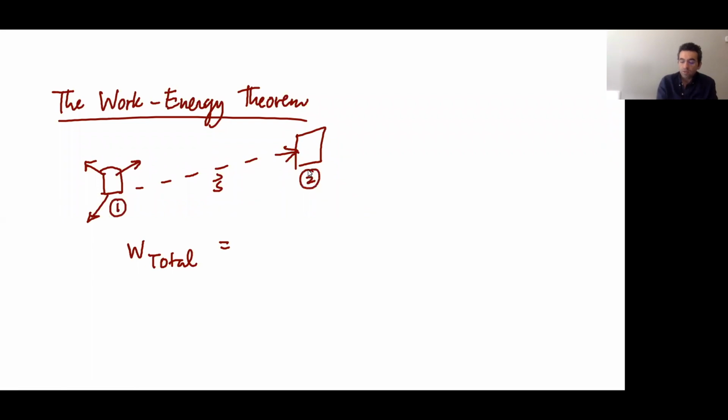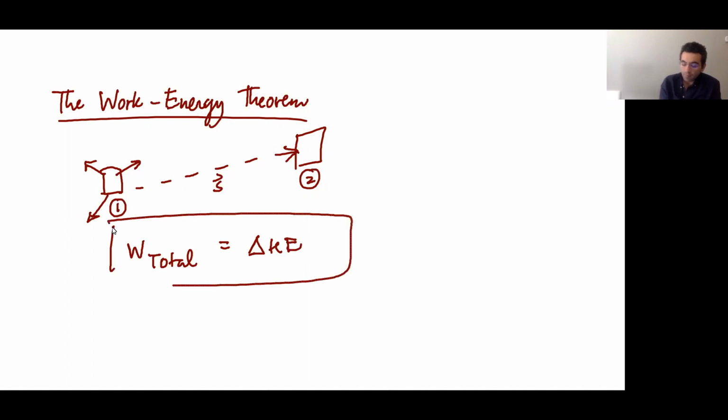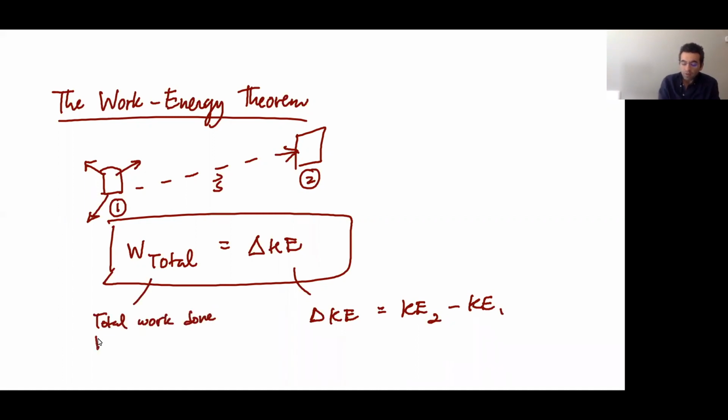So if this is situation 1 and this is situation 2, then the change in the kinetic energy means kinetic energy final minus kinetic energy initial. And this is the total work done by all the forces acting on the object during the displacement.